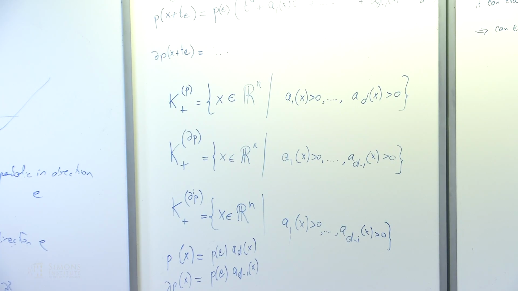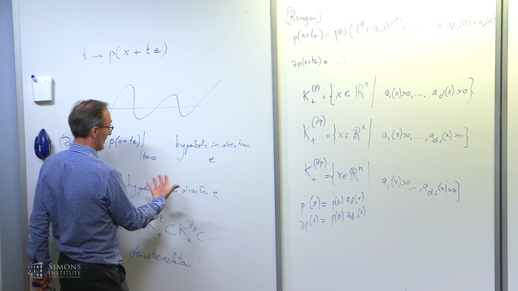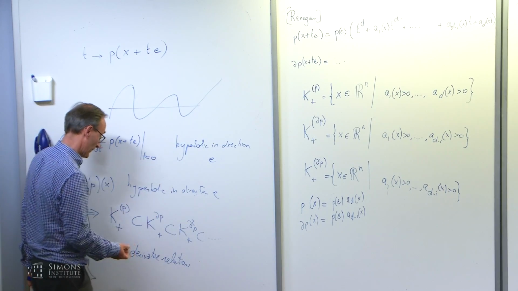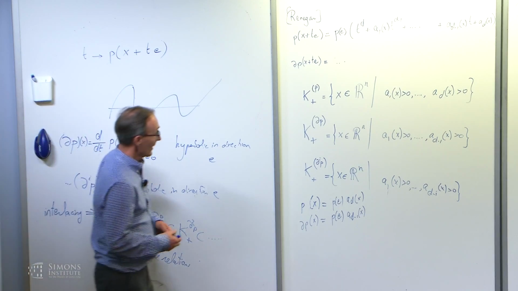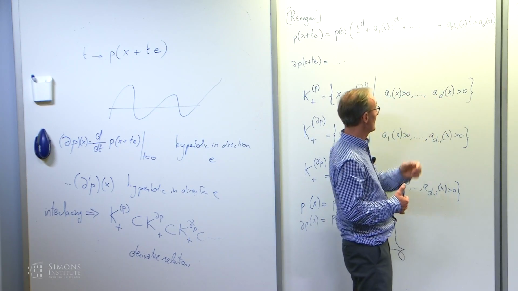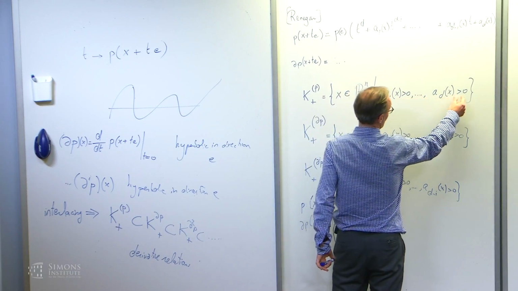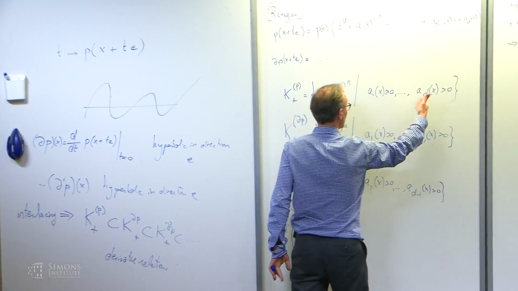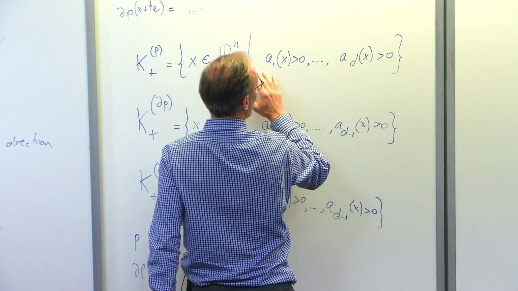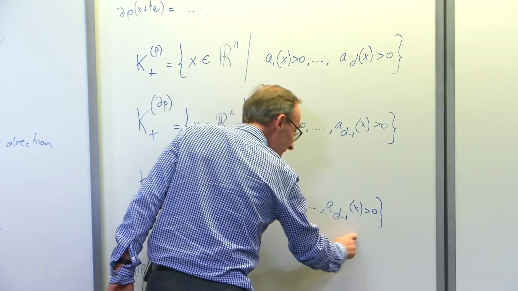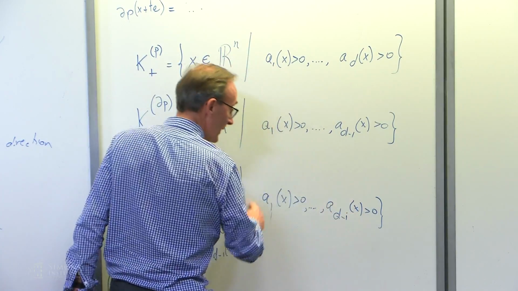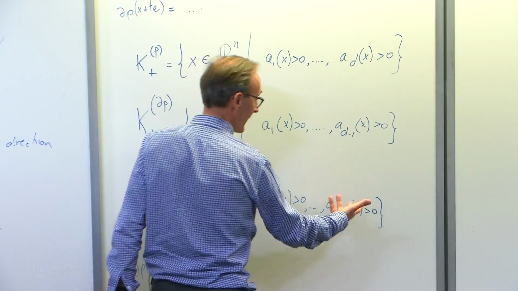So for example, if you take semi-definite programming, the cone of positive semi-definite matrices, that says that all the elementary symmetric functions of the eigenvalues should be non-negative, or positive if you take the positive definite cone. But if you look at only the first D minus i, you can still optimize over the set of symmetric matrices such that these D minus i elementary symmetric functions of the eigenvalues are positive.